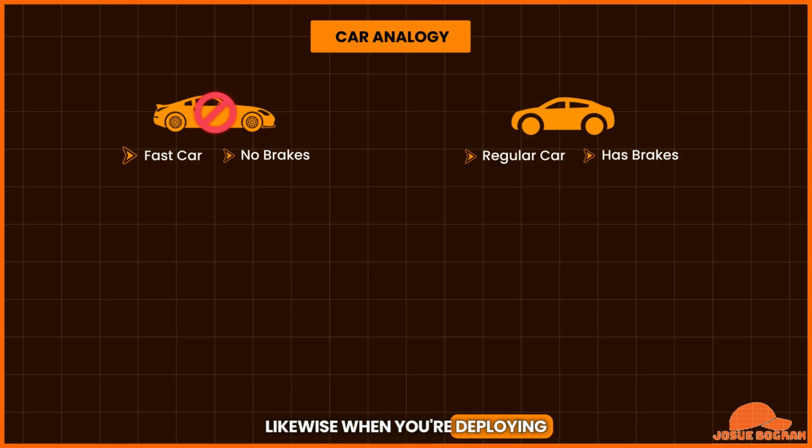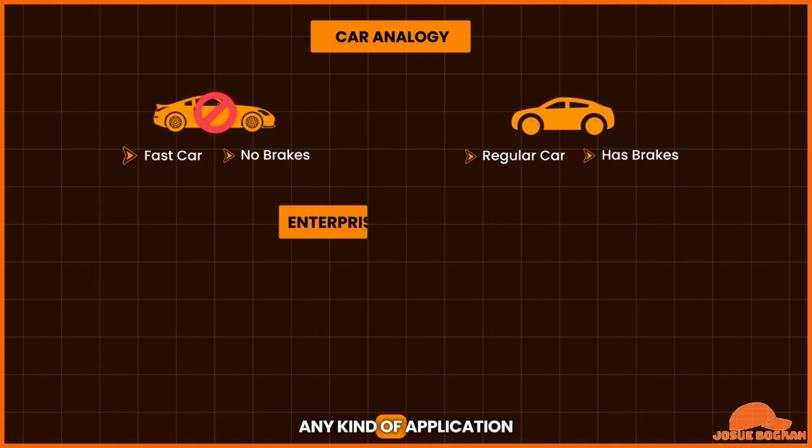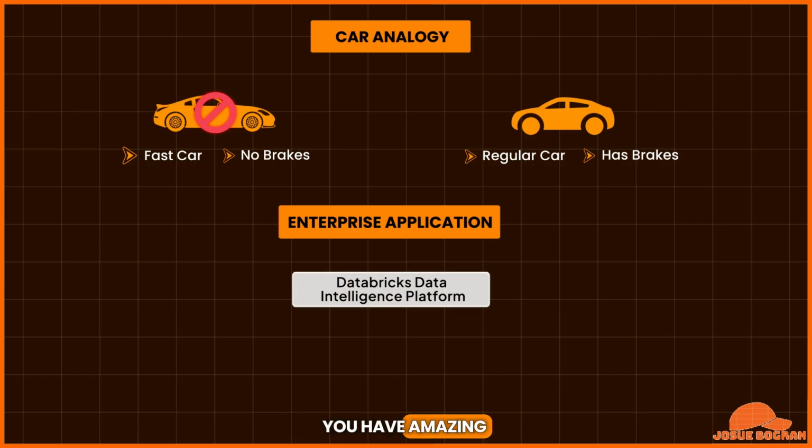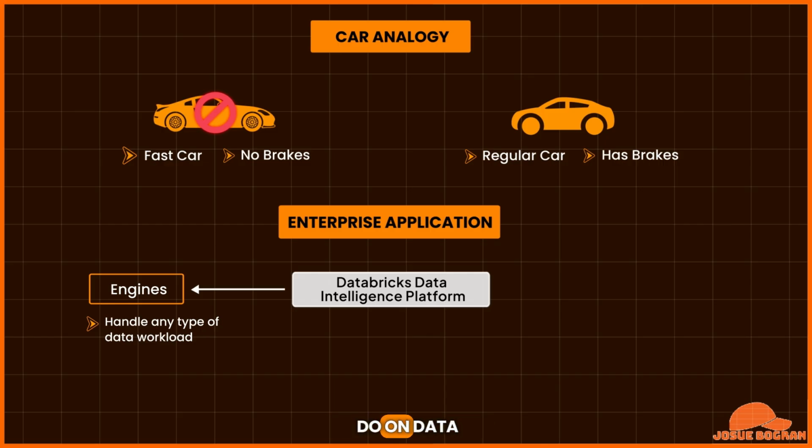Likewise, when you're deploying any kind of enterprise application, you want to make sure you are taking advantage of the engine that is there. In the Databricks Data Intelligence Platform, you have amazing engines to do any type of workload that you want to do on data and AI. But we also deliver enterprise-grade security features.